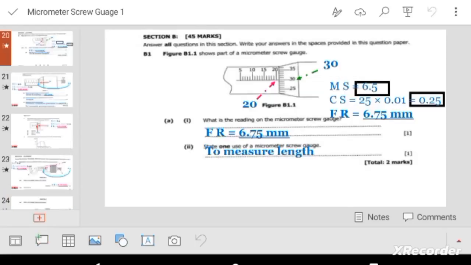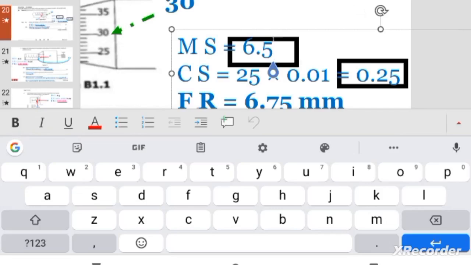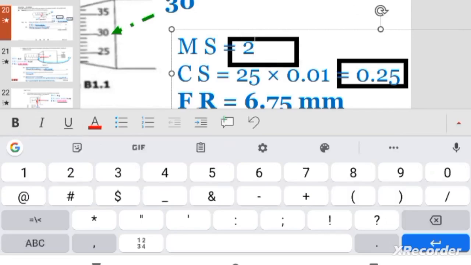So here we're supposed to have 20 millimeters. Then here 30.